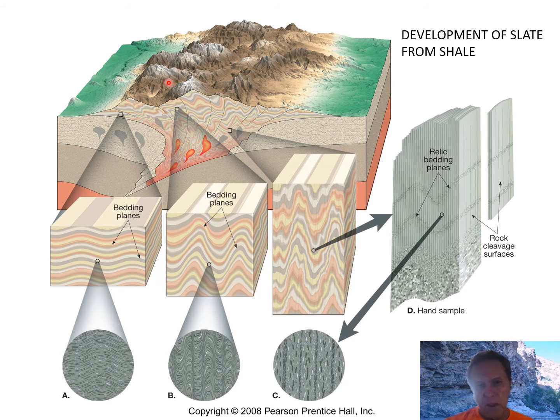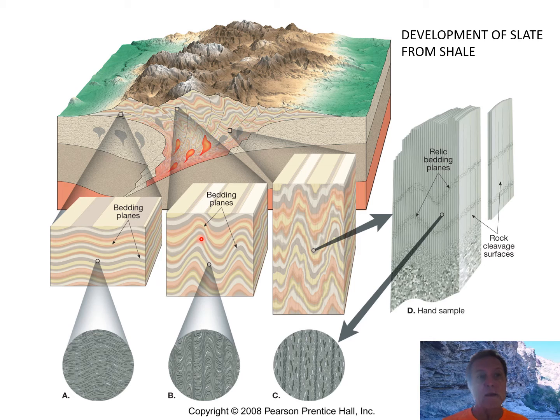The slide's a little complicated, but let me lead you through it. So again, we start with shale or mudstone, low-grade metamorphism, through intermediate metamorphism. As this rock starts to get squeezed through differential stress, it actually starts to get folded under ductile conditions, which means conditions where rock, instead of breaking and fracturing, actually flows, slowly of course.